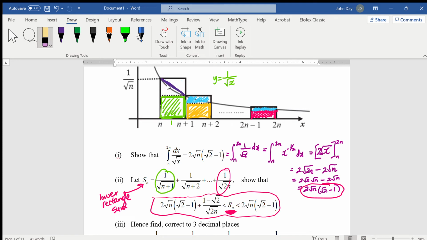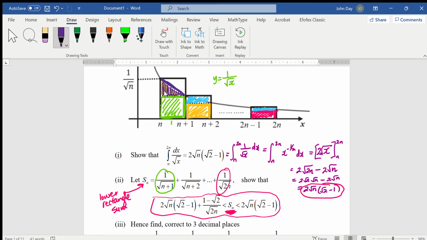The purple bit under that purple line, that's more than the difference between the lower rectangle and the actual area. I'll colour in what I mean in yellow here for a tick. This bit here, the difference between the actual area and the lower rectangle, that's smaller than the difference between the purple line there, the triangle that I'll just make, and the lower rectangle.